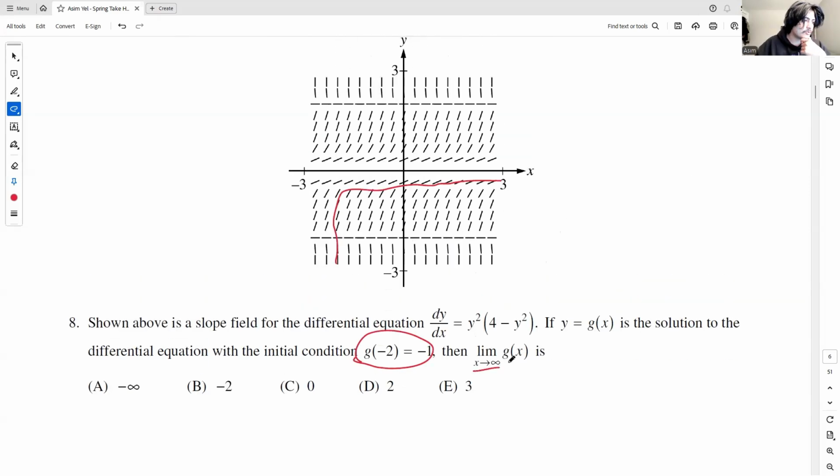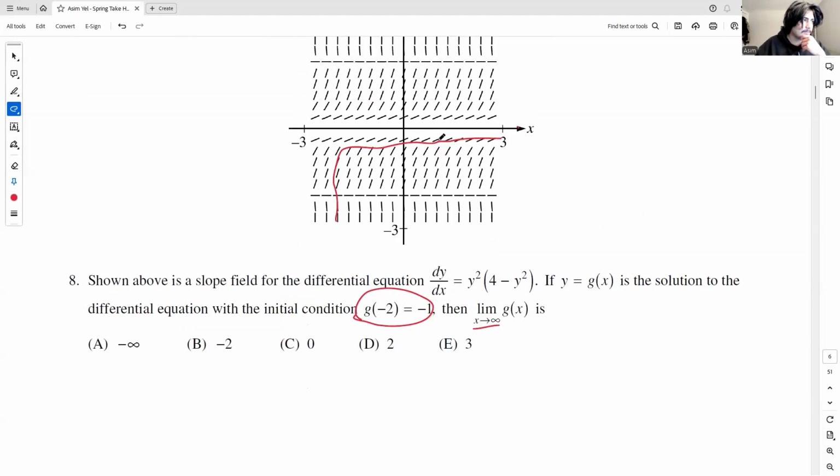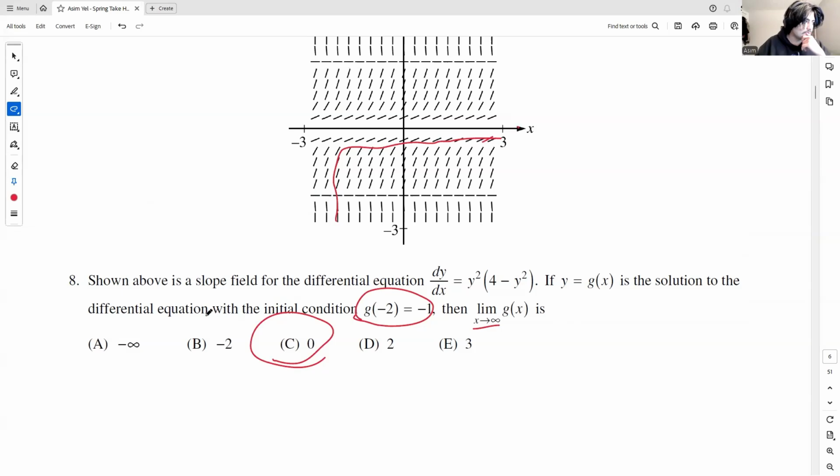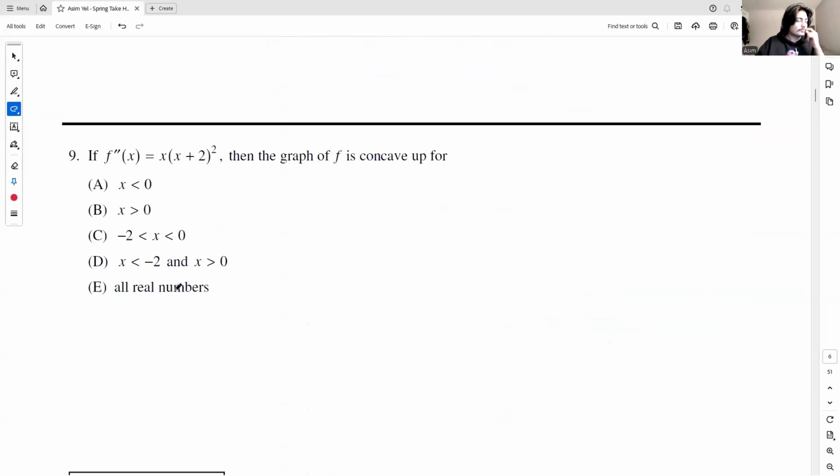So if x approaches infinity, it approaches 0 because it never touches the x-axis, or even is able to cross the x-axis. So I would say the solution to the limit as x approaches infinity of g of x would be 0.